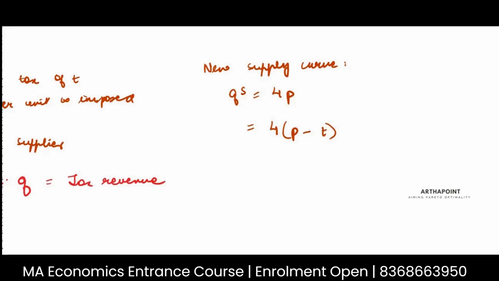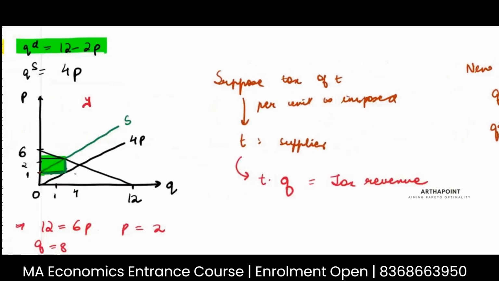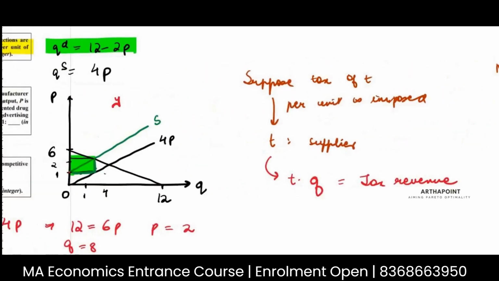So whenever there is a tax that is imposed on the supplier, you will always subtract that tax rate to get the net price received by the supplier. Had I assumed that the tax rate is imposed on the consumer, then the consumer will pay the price to the supplier and will also pay tax to the government.